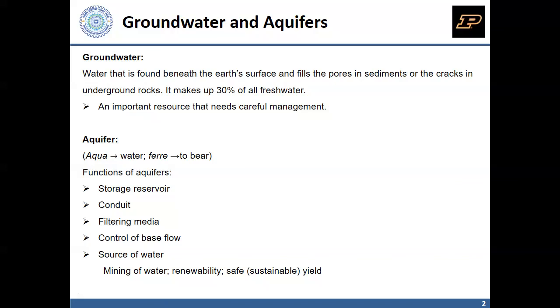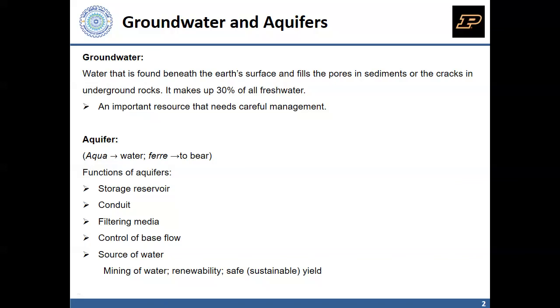For drinking water, sometimes we draw water out of a stream, the surface water. But more often than not, we prefer to draw the water a little further away from the stream, from the subsurface, and expect the stream water to have traveled through the subsurface to your intake point, so that we have some benefits of the filtering media idea of the subsurface.